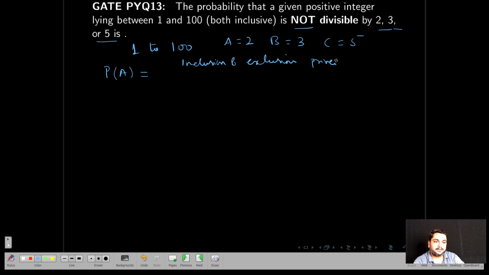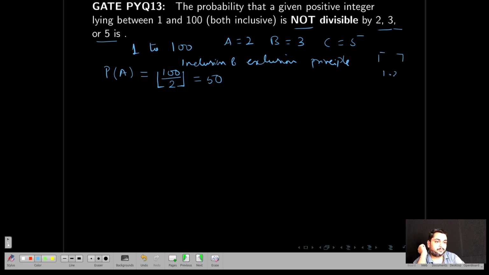So now I will calculate P of A. You can directly find it by just counting in 100, but the simple way, which you learnt in primary or high school mathematics, is the floor function of 100 divided by 2. How many can be divided? That is 50. This bracket indicates floor, the other indicates ceiling, which means the higher value.